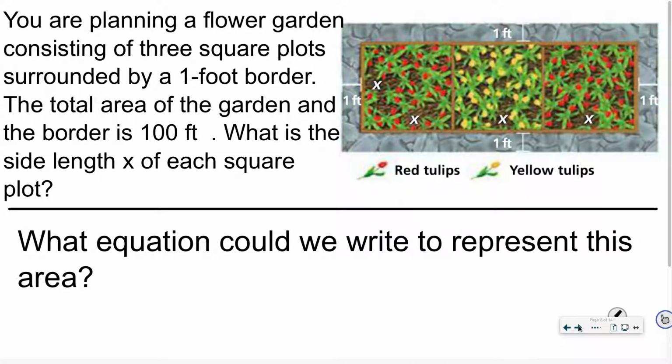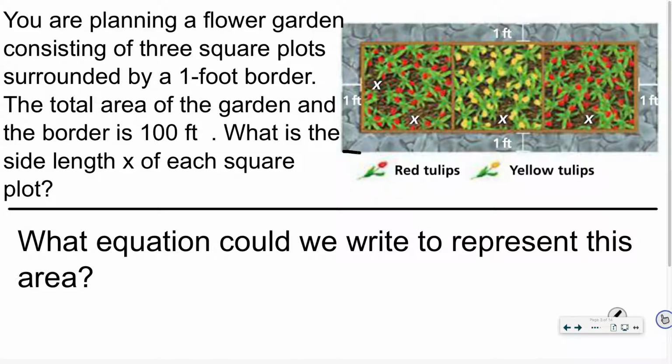So here we have a flower garden, and it's 3 square plots surrounded by a border. We know that the total area is 100, so we're going to figure out what the value of x is. How would we find the area of that garden based on its shape? Length times width. Good. What's the length? Be careful.